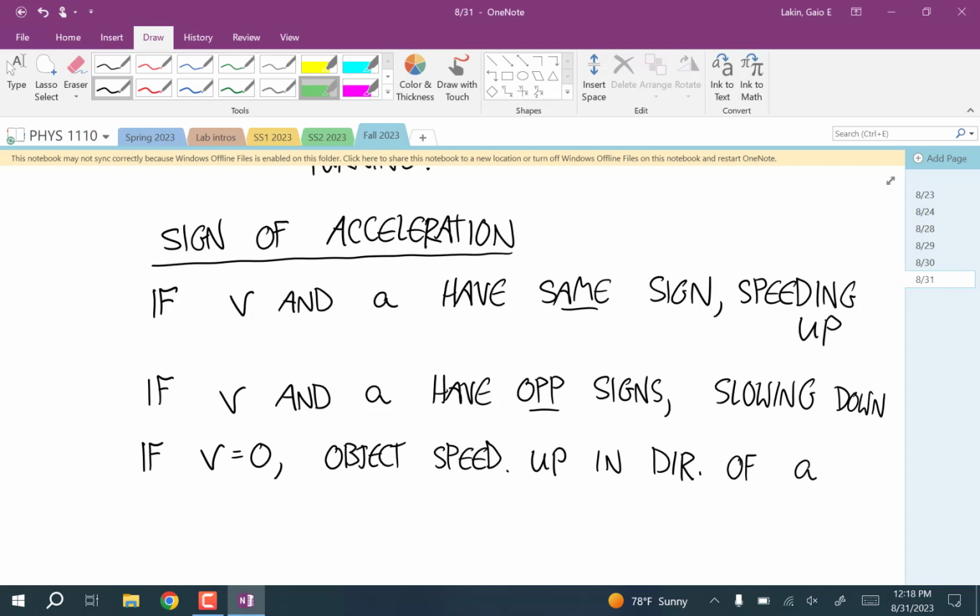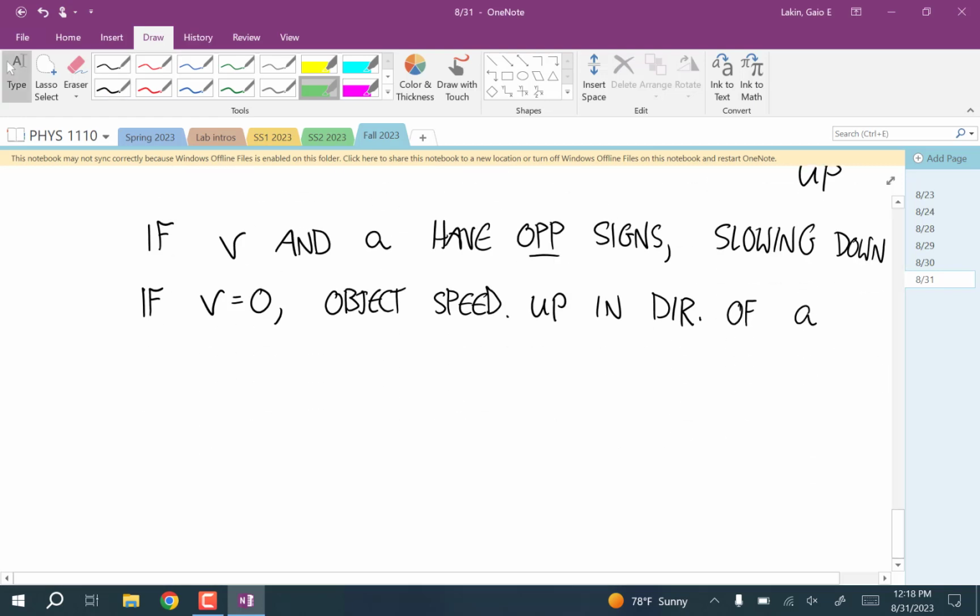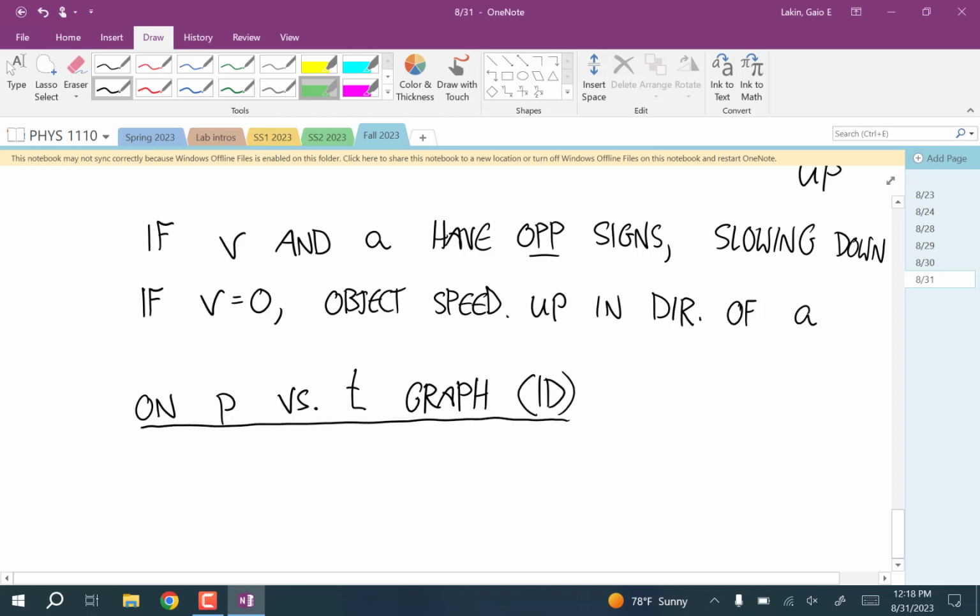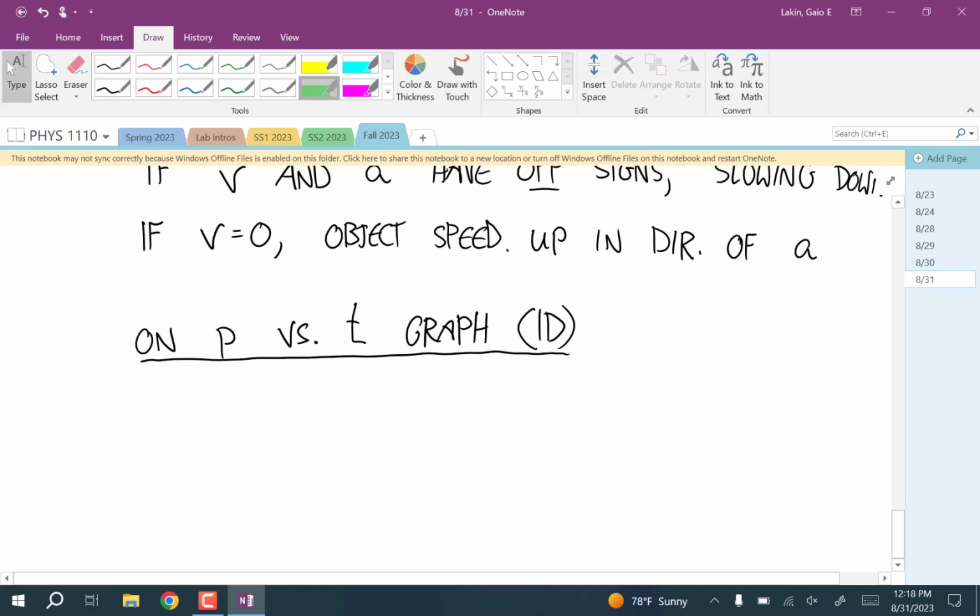Okay, how can you tell acceleration on a position versus time graph? So on a position versus time graph, and again, this is for one-dimensional motion, acceleration is shown by the curvature.